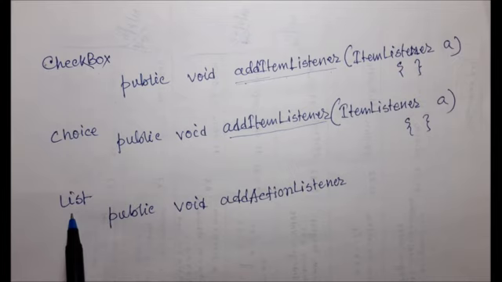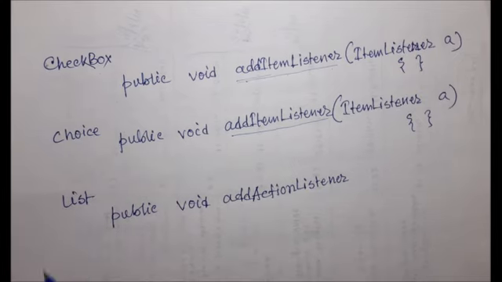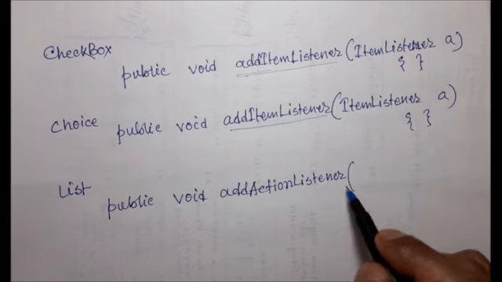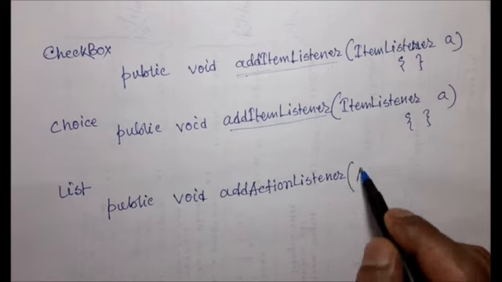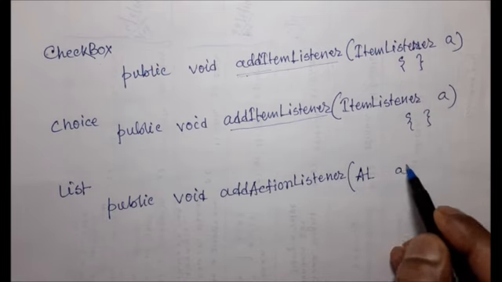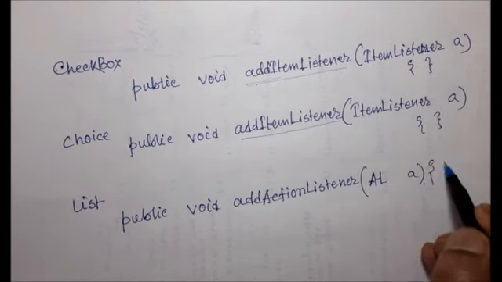If I use some list, then we are adding something. You can visualize that. When you are choosing some list, that means I am using add action listener. We can write it like this, action listener L, or you can write A simply. Then after that, this is a body.